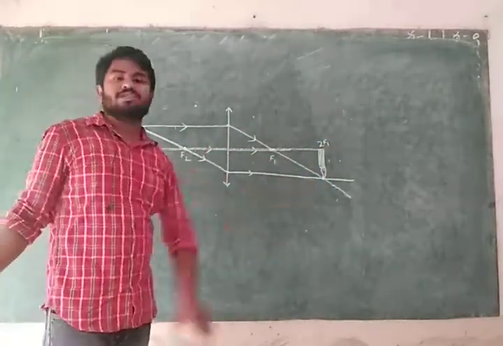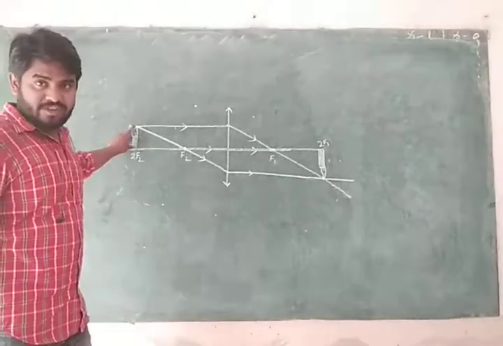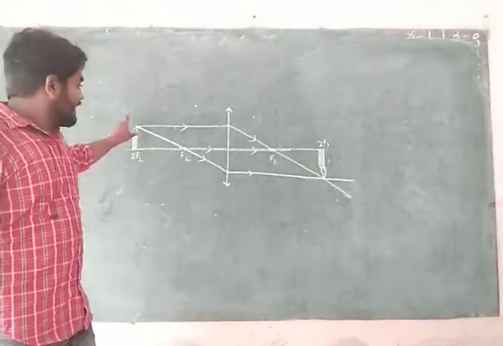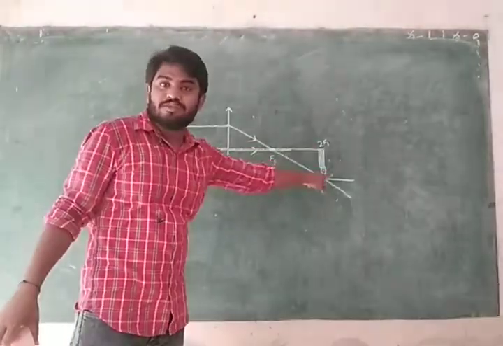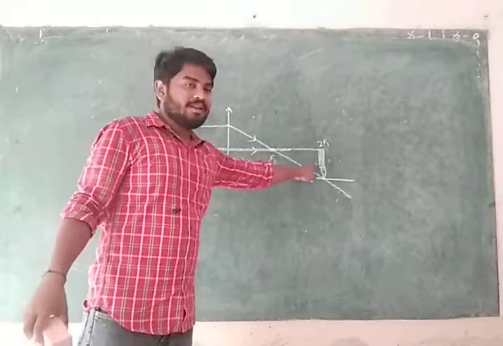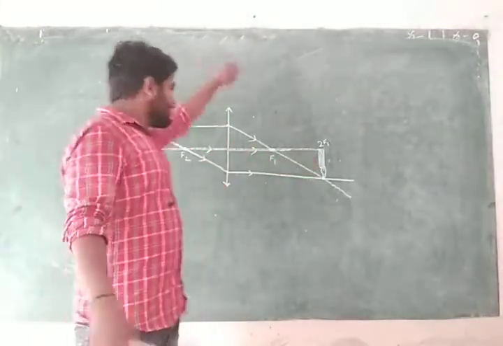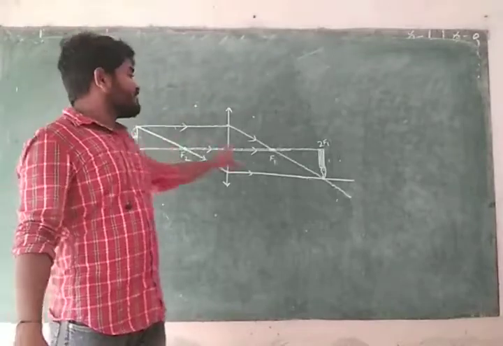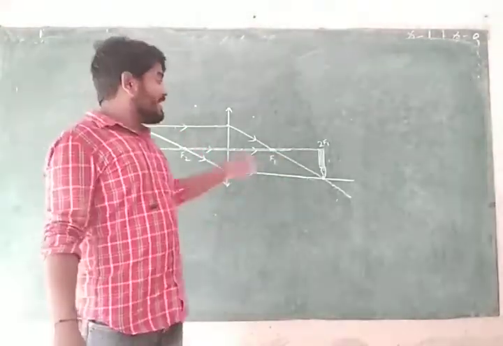Same size image will be formed. When the object is placed at the center of curvature of the lens, its image will be formed at the center of curvature on the other side of the lens.